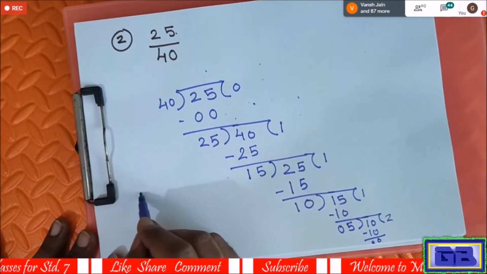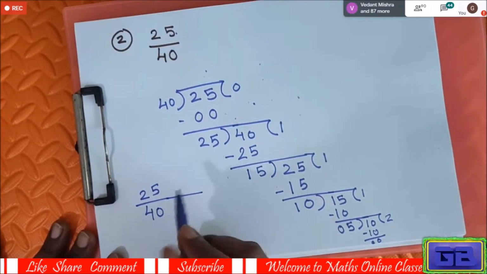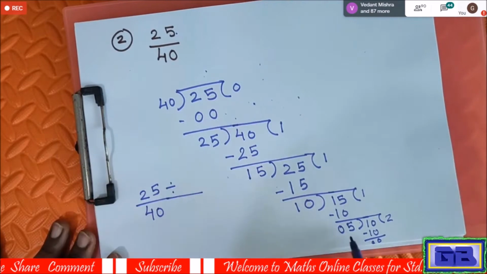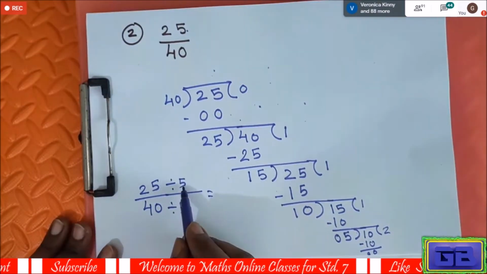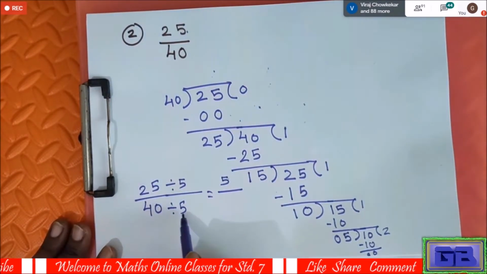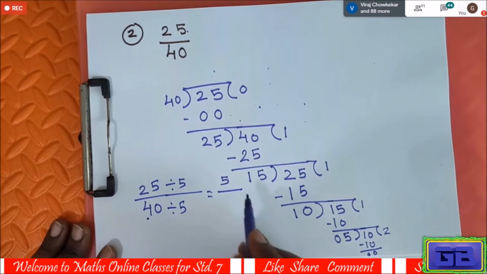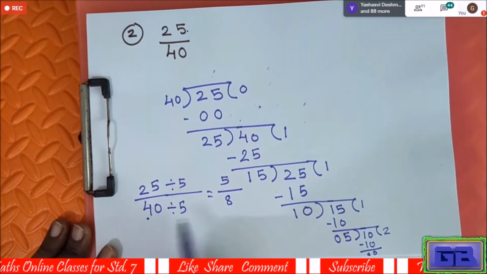Take the question 25 by 40, divided by 5. 5 ones are 5, 5 fives are 25. 5 eights are 40.